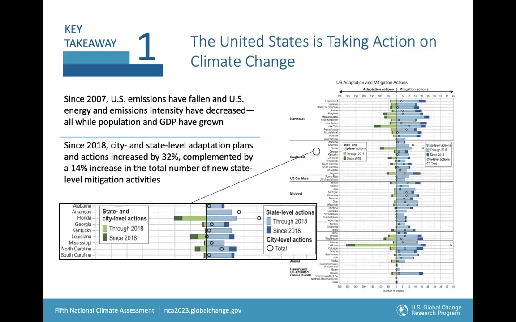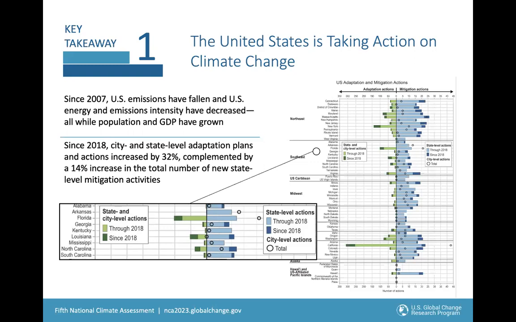So the first big message of the assessment is that we are seeing communities across the country taking action in response to climate change. These actions include both measures to reduce greenhouse gas emissions or remove carbon dioxide from the atmosphere, known collectively as mitigation, and actions to adjust systems and practices to change climate conditions, known as adaptation.